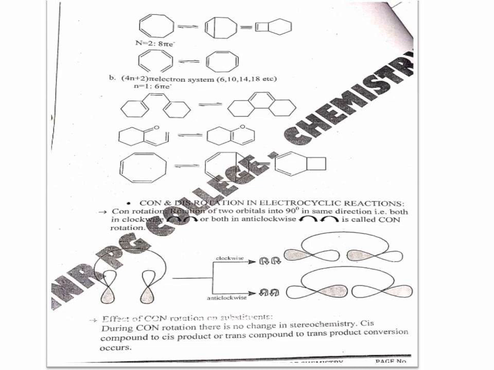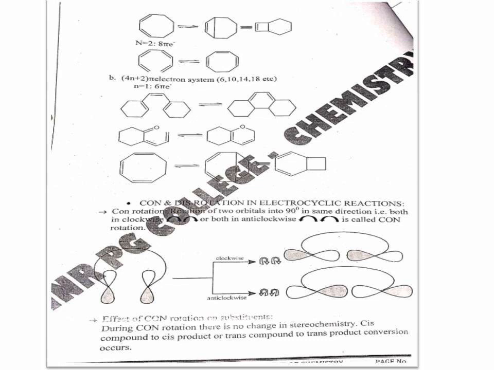Now coming to the next example, that is an open chain molecule, also an octatetraene. It is conjugated, so the double bonds alternate: 1,3,5,7-octatetraene. When it undergoes electrocyclization, we get a monocyclic compound from the open chain system.